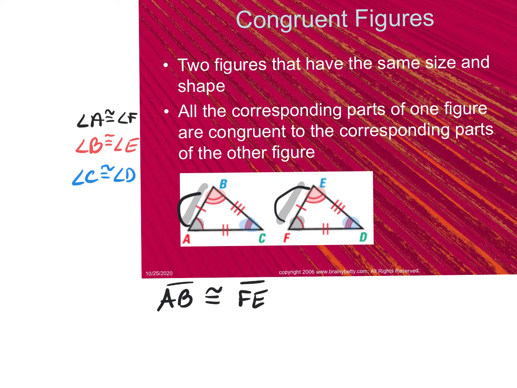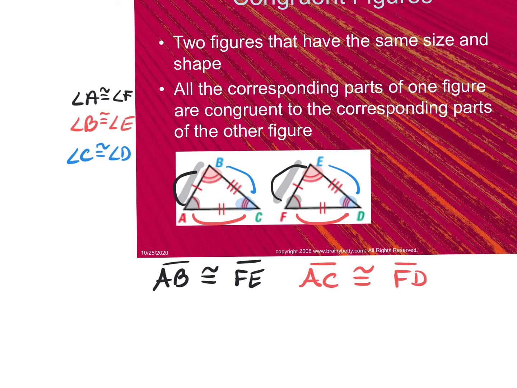Now I can go to the next side, and it doesn't matter the order you write these. So I'm going to say AC, it's got the double, so it goes from A, which had a single mark, to the C. So I'm going to do AC is congruent to FD. And then lastly, the one with the 3 markings, BC, congruent to ED.